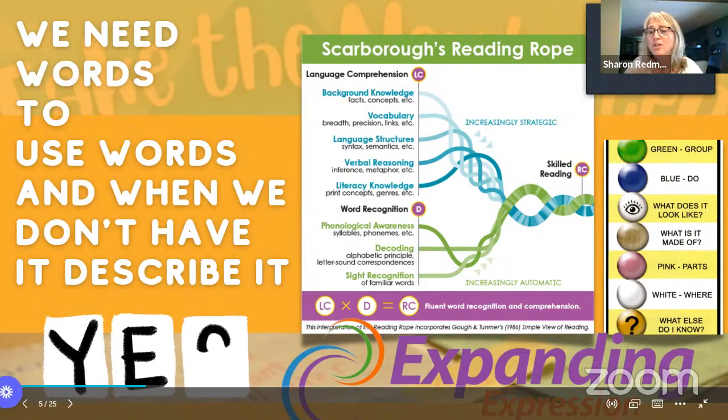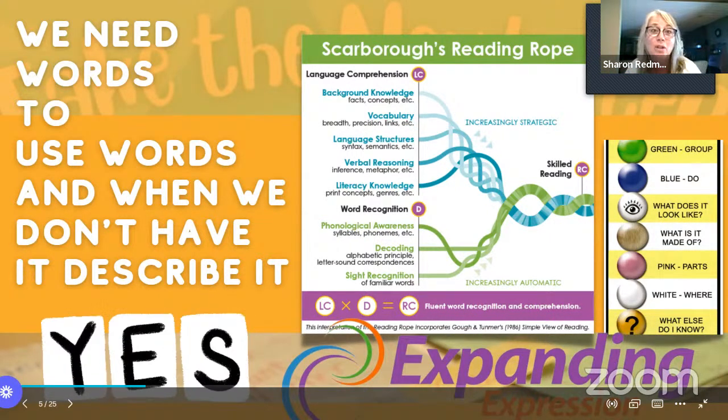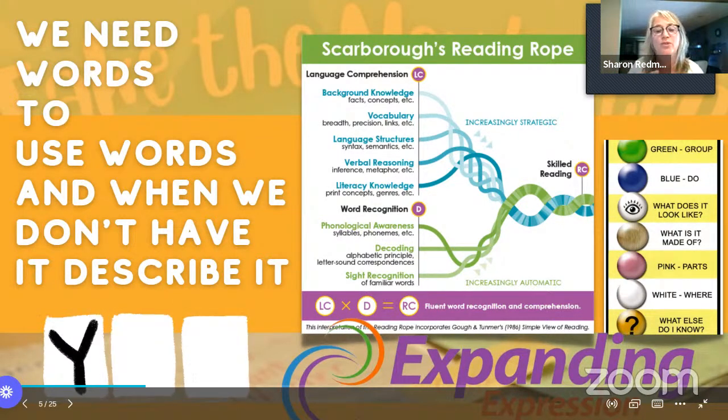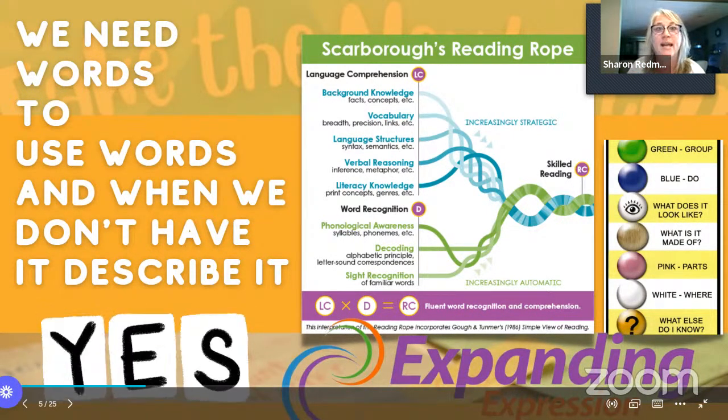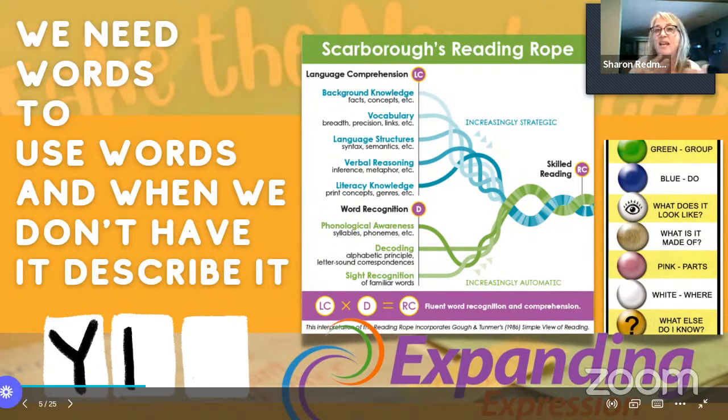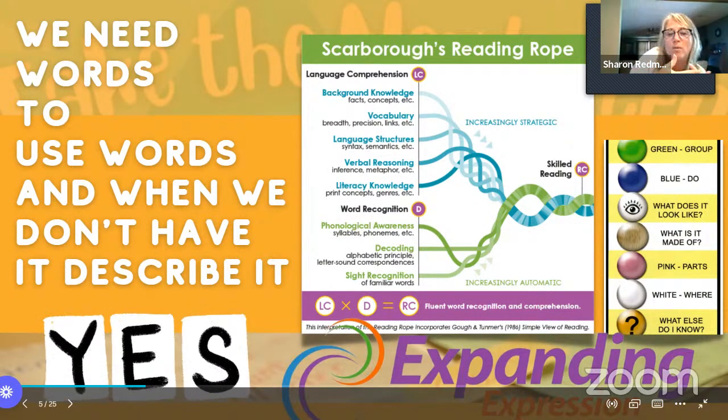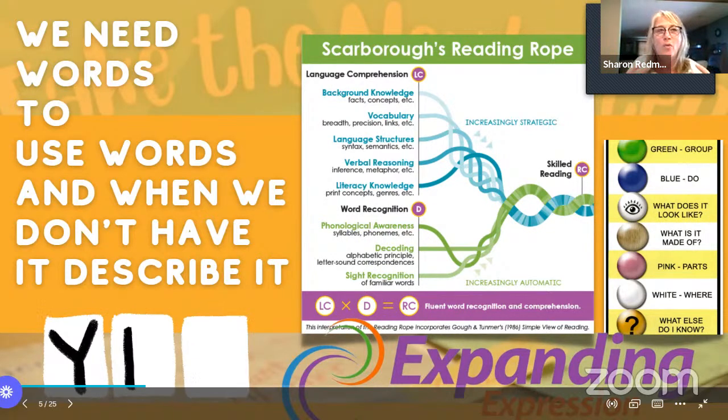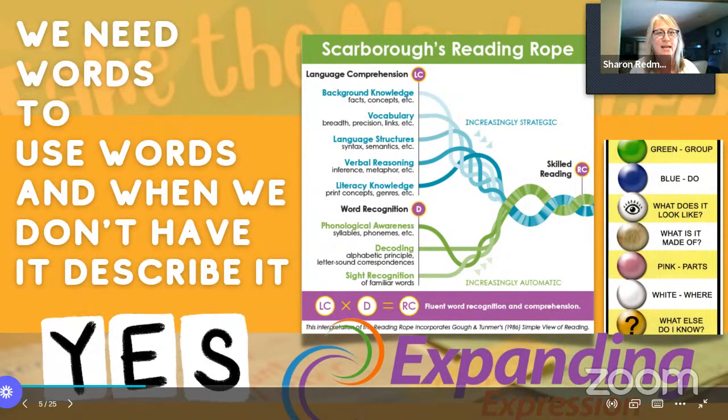So what do we need? We talked about the expanding expression tool. This is a really great multimodality tool that we use to dig deep into that vocabulary, that schema, understanding the words that we're talking about. We have connected text that we're going to be using for how and what we're writing about, so that we can always go back into our really rich and authentic text that we're diving into and reading.